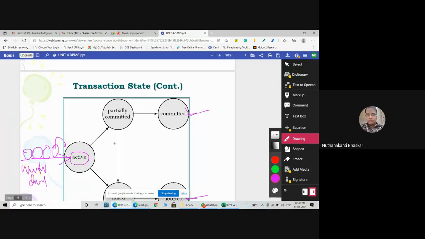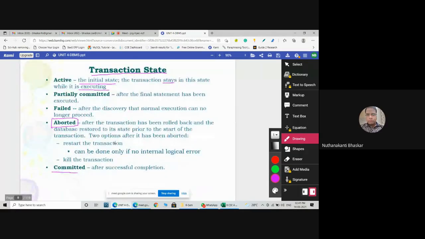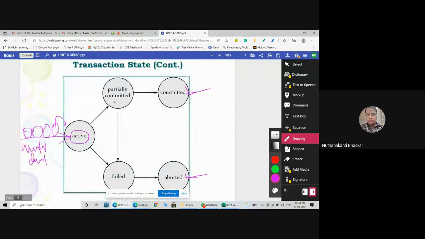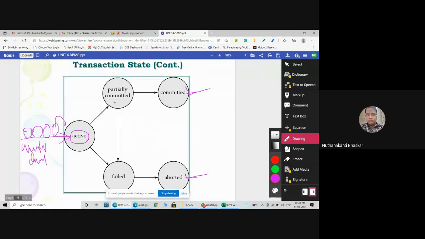I have not given it, I am just waiting. Whatever information I previously gave is right, so the transaction is now partially committed. Understand? Because whatever operations I did previously are right, it is waiting here. That is partially committed. Understand?